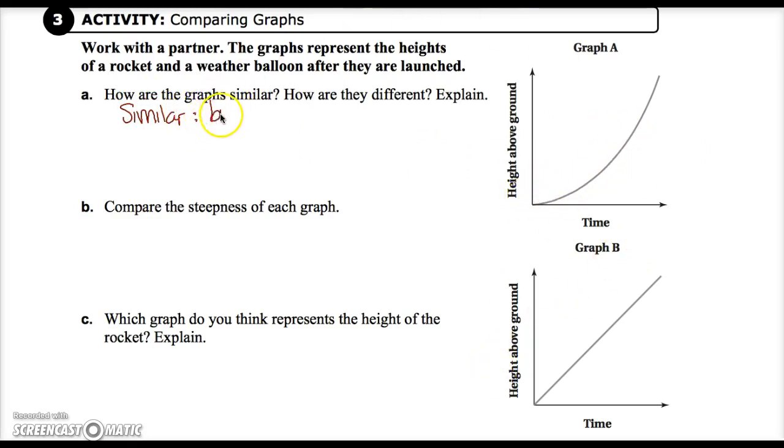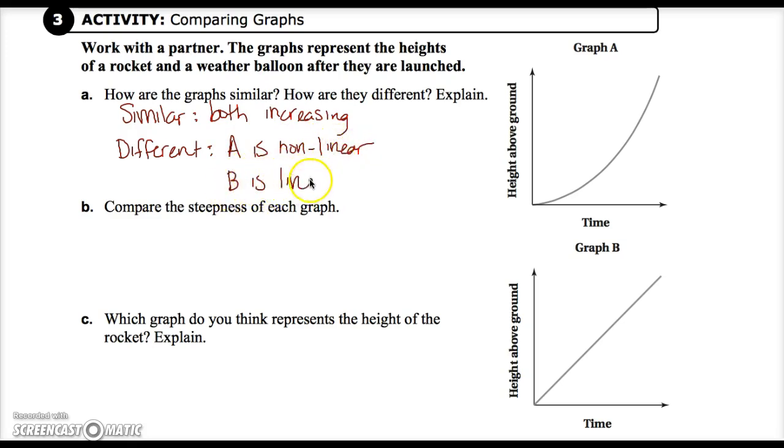They are both increasing, we could say. And how are they different? Graph A is nonlinear because it's not a straight line. Graph B is linear.